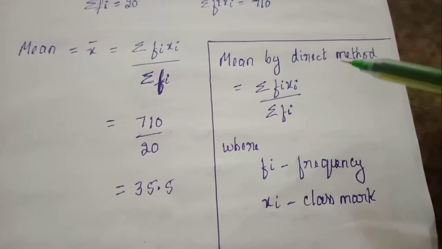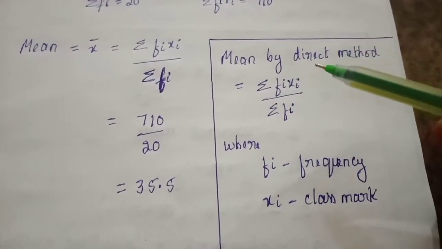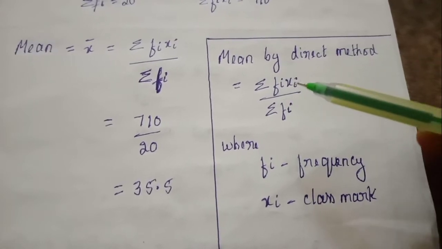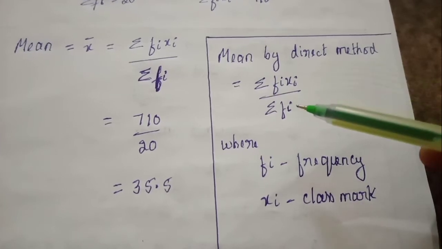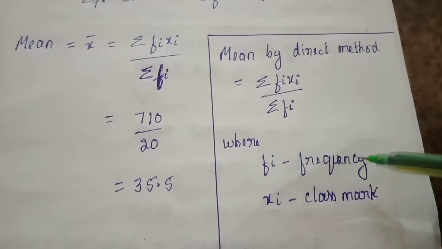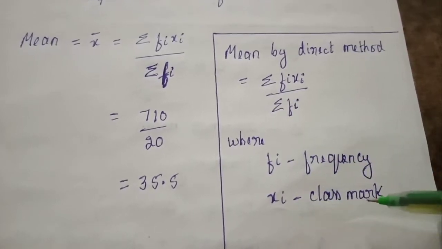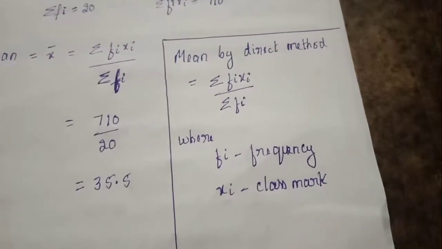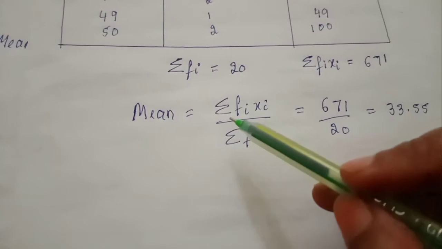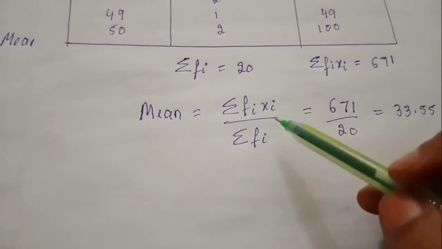Now we have to remember the formula for mean. How do we find the mean for ungrouped data? By the direct method, with the formula summation of fi xi divided by summation of fi. Where fi is the frequency and xi is the class mark. But in ungrouped data, fi is the frequency and xi is only the marks, not class marks.